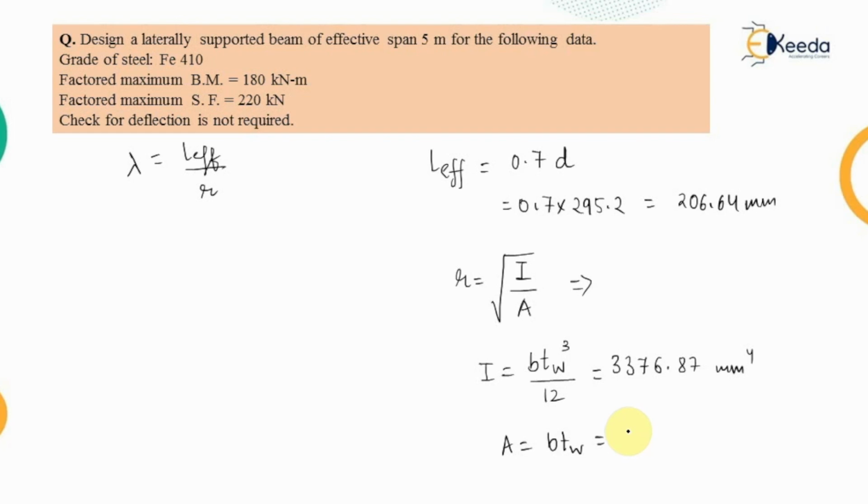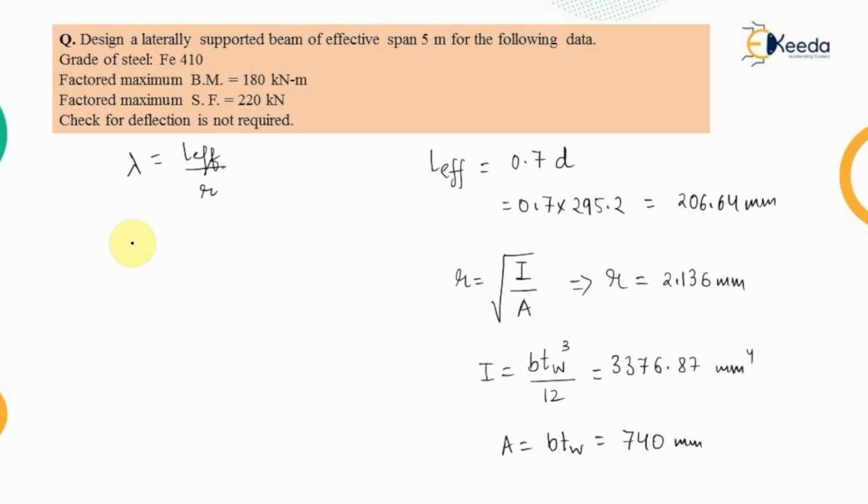If we replace all the values, then we will get this area as 740 millimeter. Now replacing I and A in this equation, the radius of gyration will be obtained. So from here, the radius of gyration comes out to be 2.136 millimeter.